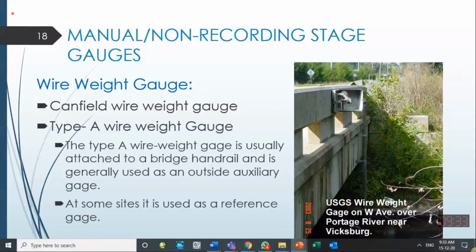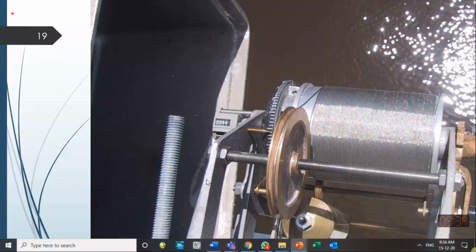Another kind of gauge is called a wire weight gauge, quite frequently used. We have a box which contains this wire weight gauge. A weight is suspended with the wire, and that wire is wound around a drum. You see over here this yellow color. This is a brass weight, made of brass so that it is corrosion protected because it has to stay in the open environment.